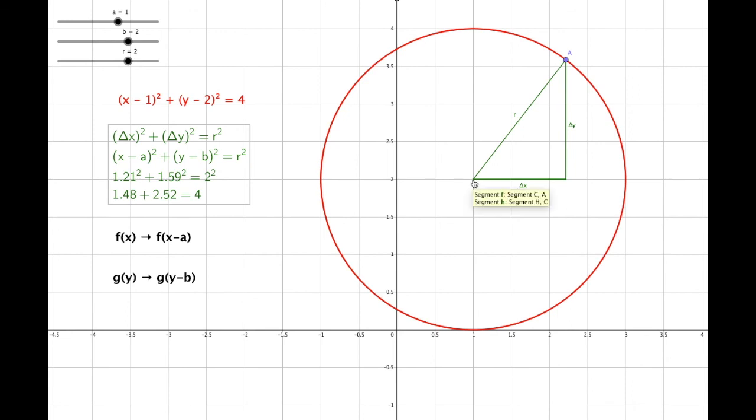So for the x value that's 1, the centre, and for the change in y we have the y value of a, take away the height of the centre, which is of course our little b, and so delta x becomes x minus a, delta y becomes y minus b, and then we again can see the Pythagoras situation, but this time with the centre not at 0.